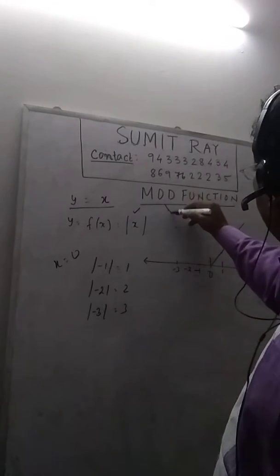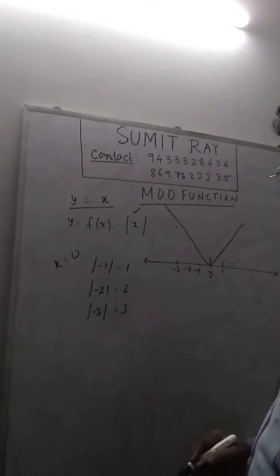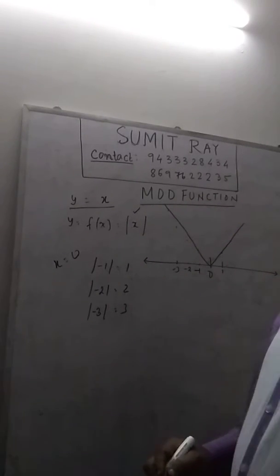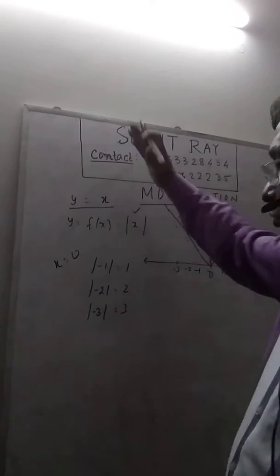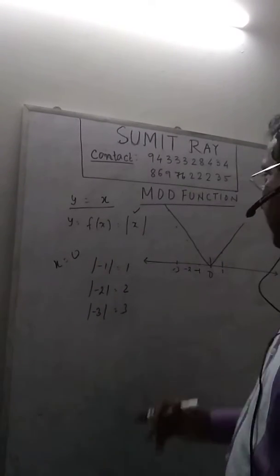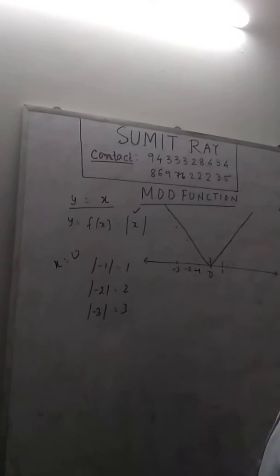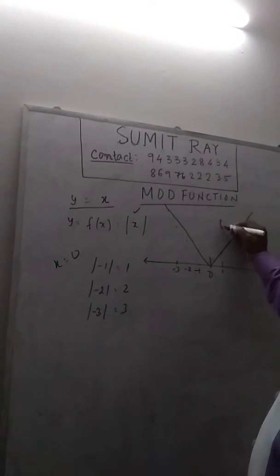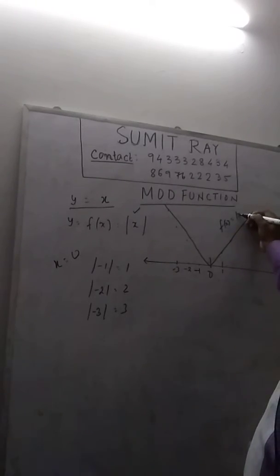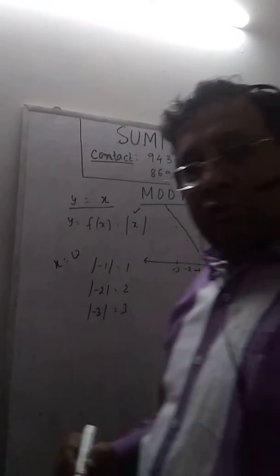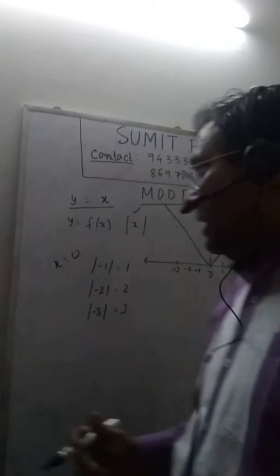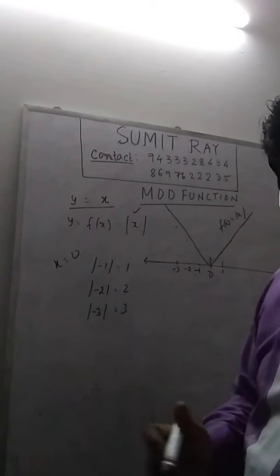If I join these, we get a 45-degree line passing through the second quadrant. So these two graphs together represent this mod function f of x is equal to mod x. This is how you can understand mod functions graphically.